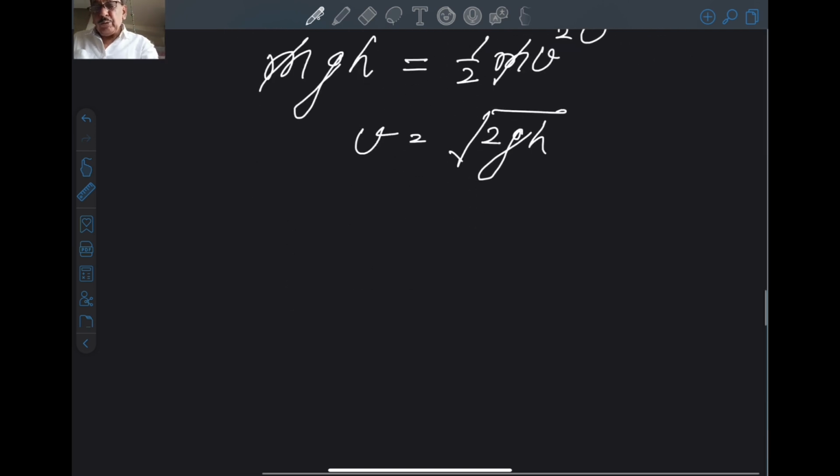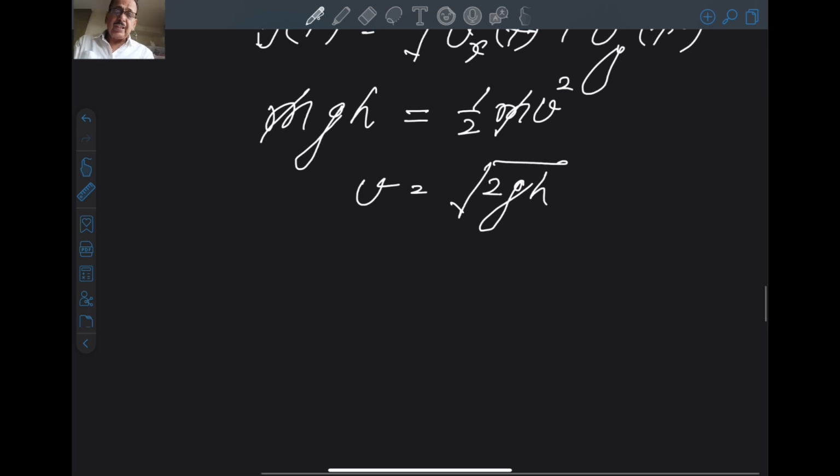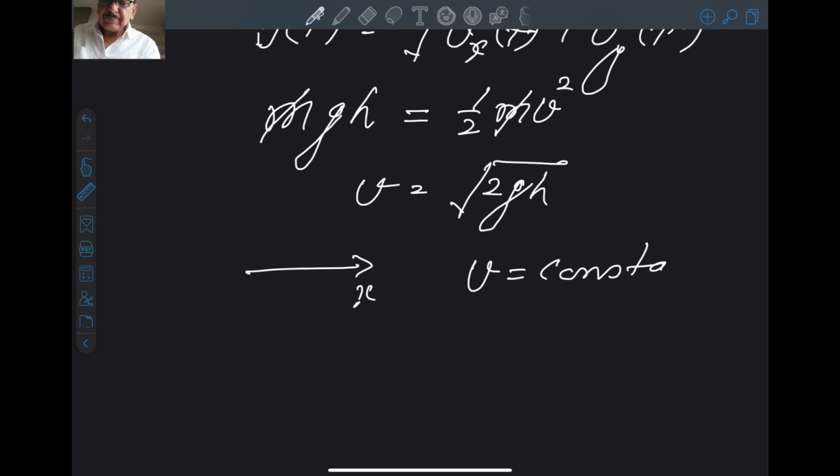So what do we conclude for horizontal projectile motion from a certain height? Very important thing is that in x direction, you should use this concept. In x direction, velocity becomes constant, meaning velocity at any time becomes v. Second, velocity in y direction. This is velocity in x direction.